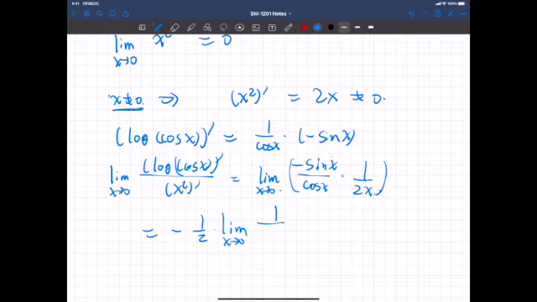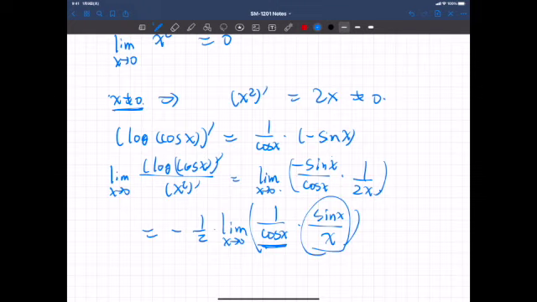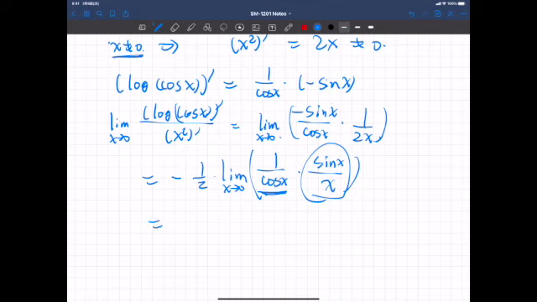So this can be written as 1 over cosine x times sine x over x. So this part converges to 1 and this part converges to 1. The limit of a product is the product of the limits. So this is 1 times 1. So that should be negative 1/2. So that's the limit.